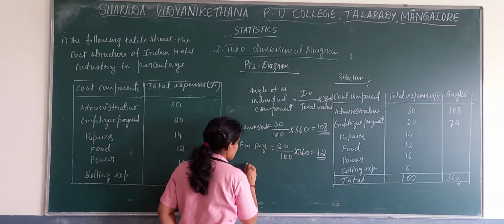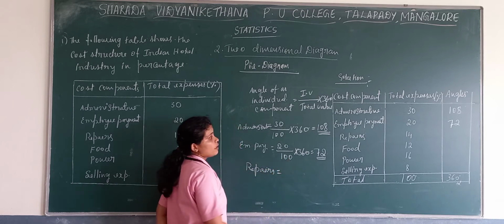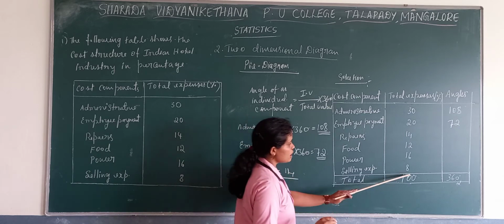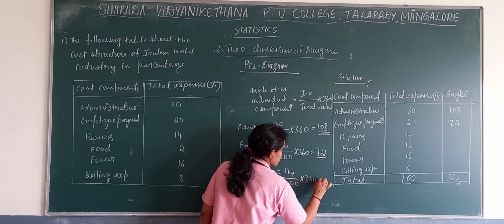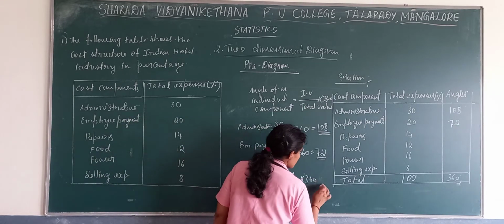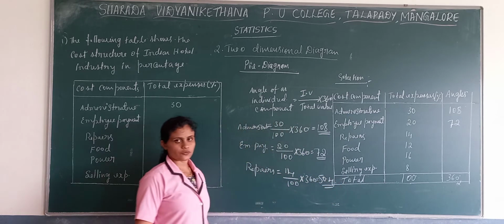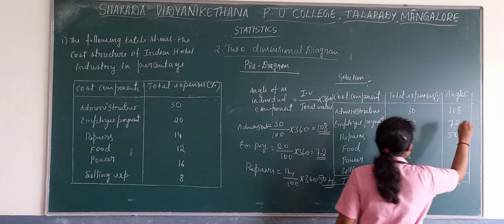Then the third one, repairs. There it is 14 by total 100 into 360. There we get 50.4. Approximately, we can take it as 50.